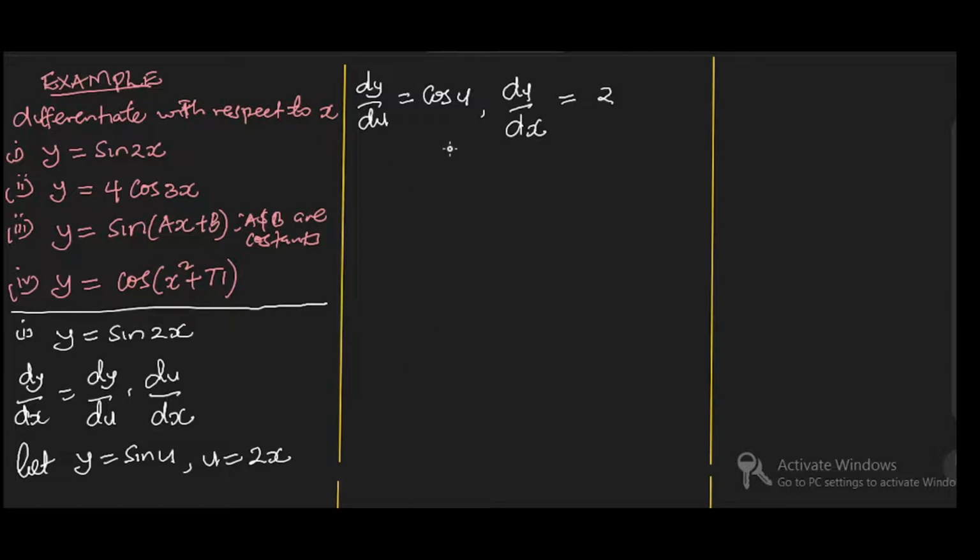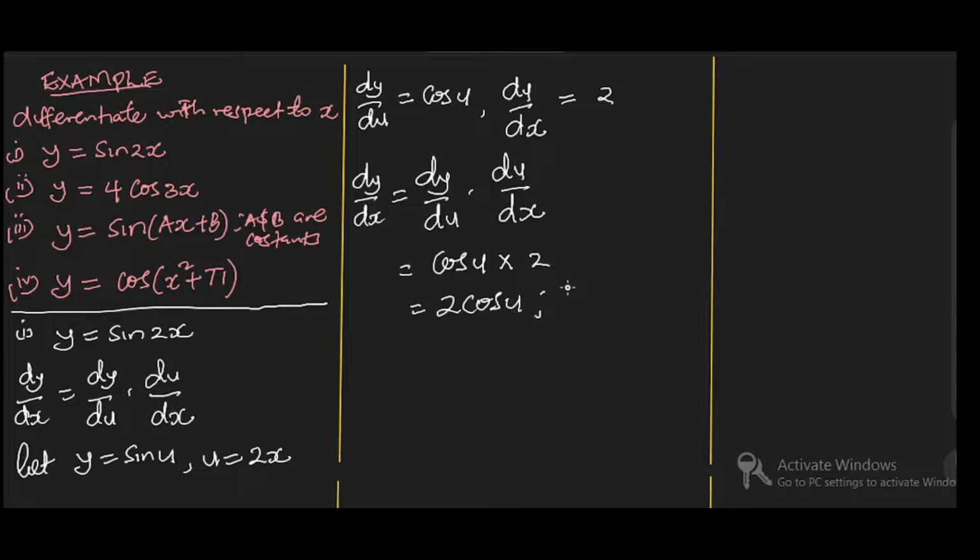Now we combine the two. Combining means that dy/dx will be equal to dy/du times du/dx. So we are multiplying: cos u times the 2, which is equivalent to 2 cos u. But remember, your u is equal to 2x.